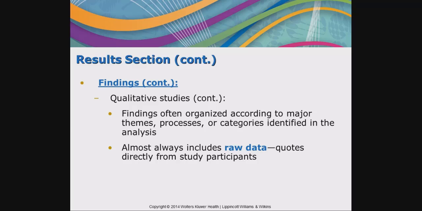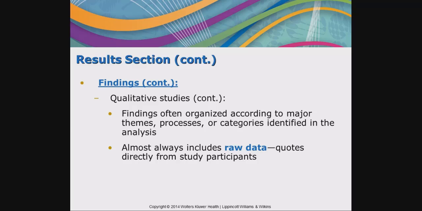Do you see the categories or the themes that have been identified? Are they organized? Is there a discussion? Because you may see numbers, but it's going to be a discussion in terms of how many people indicated a theme or a category or a concept.